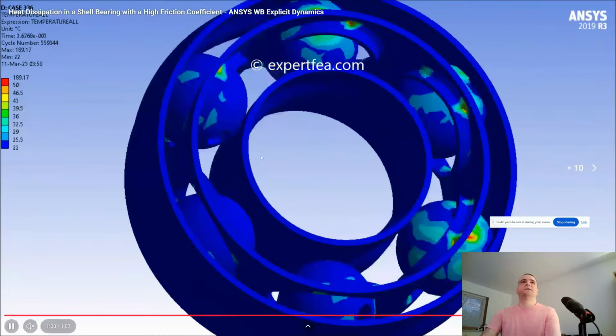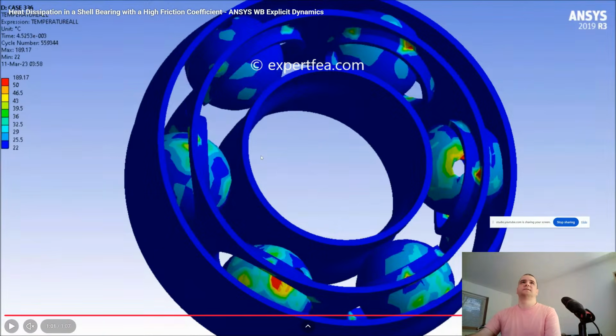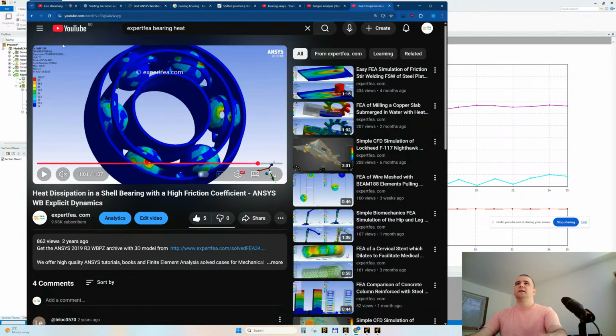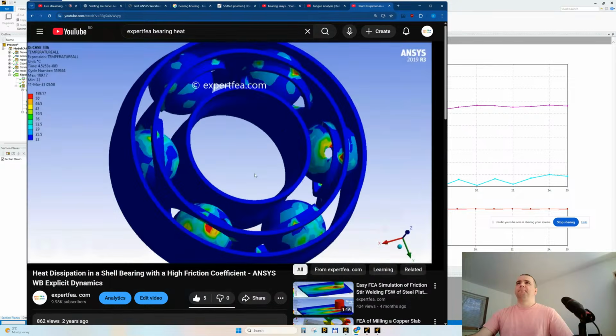Where is the heat? This is the heat, yes? So remember, due to friction, we have heat generated. This Temperature All, it's not default. It's not default in explicit dynamics.